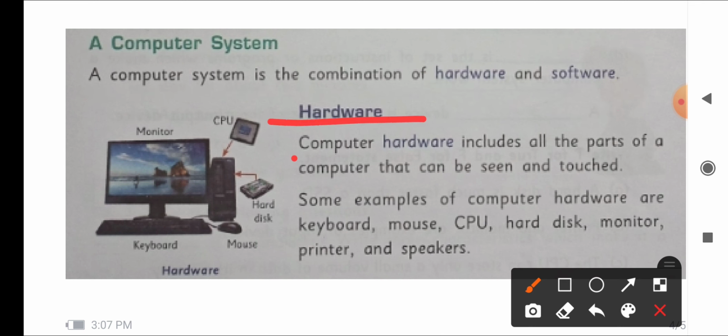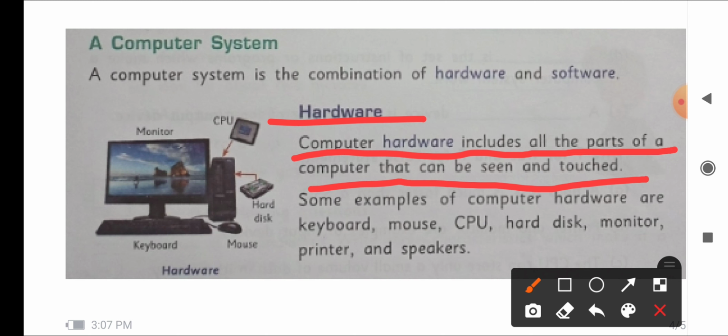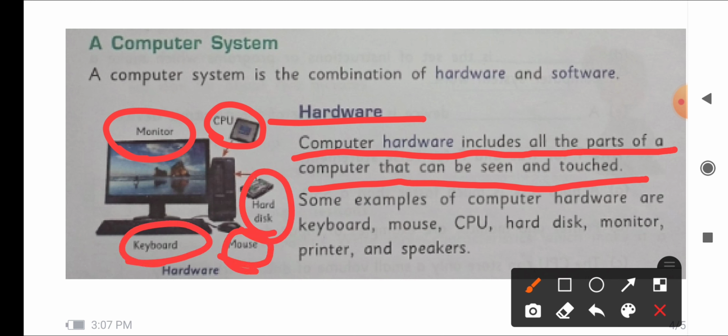Computer hardware includes all the parts of a computer that can be seen and touched. When we talk about hardware in a computer system, all the things which you are able to see, like the monitor, CPU, hard disk, mouse, and keyboard, these are all hardware.